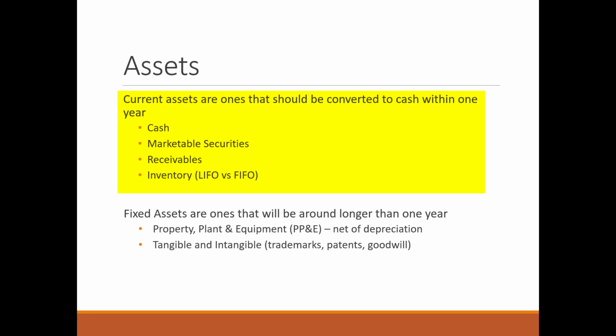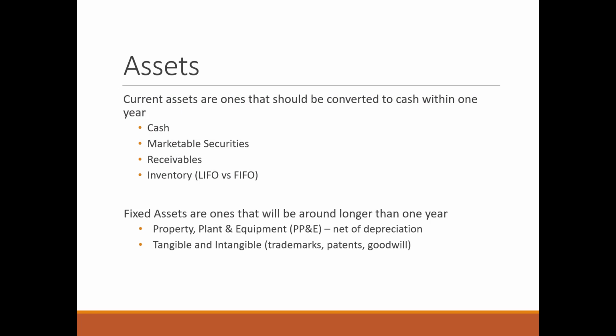The two big accounting methods for inventory are LIFO and FIFO. That stands for last in, first out, and first in, first out. Which one a company uses has implications both for its balance sheet, what the book value of the inventory is, and also the income statement. We'll perhaps look at that in more detail later on.